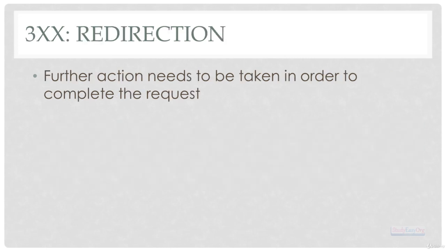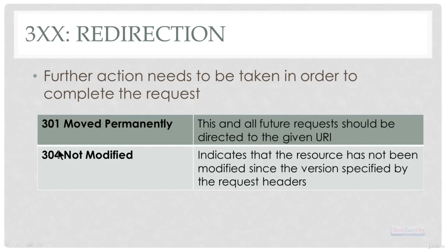Now moving forward, we have the redirection codes. This means that a further action is needed in order to complete the request, and the further action can be on a different URI. Here are a couple of popular redirection codes. First one is 301 Moved Permanently, which means that the resource has been moved to some other location.